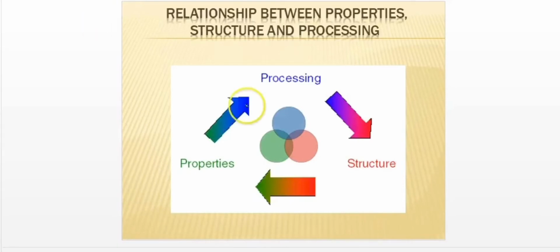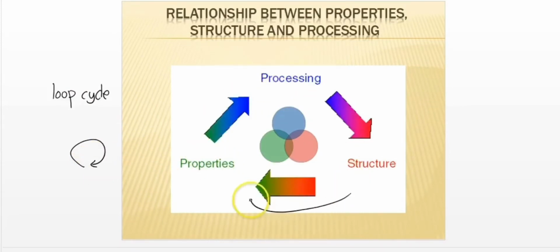Right, into the relationship between the properties, structure and processing. So it's almost like a loop cycle to be exact, in terms of properties, processing and structure. How we are going to explain it, we go into the next subchapter later on.